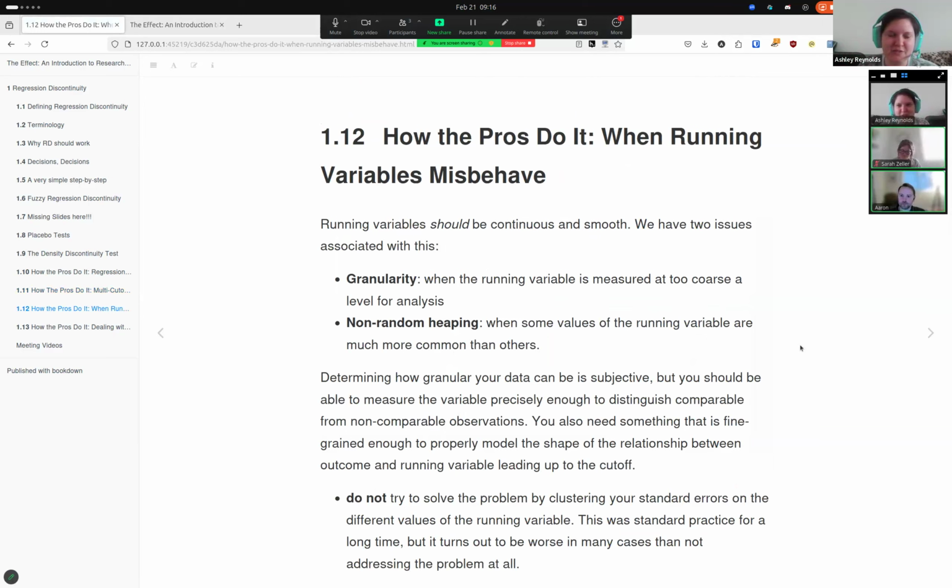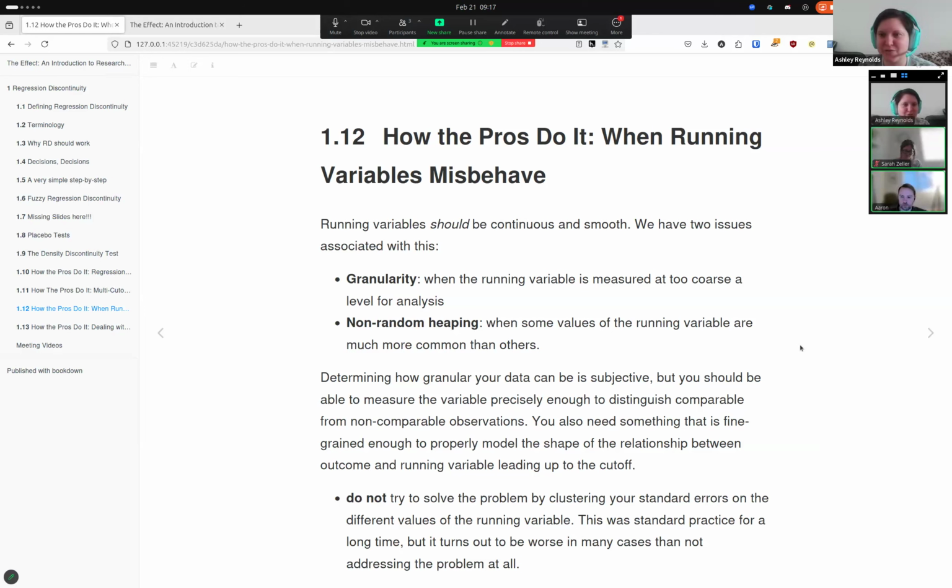So the last thing that we're going to talk about is less different ways to analyze and more just more things to think about when you're running regression discontinuity. And the first is what to do when your running variables are not nice. Running variables theoretically should be very continuous and very smooth.